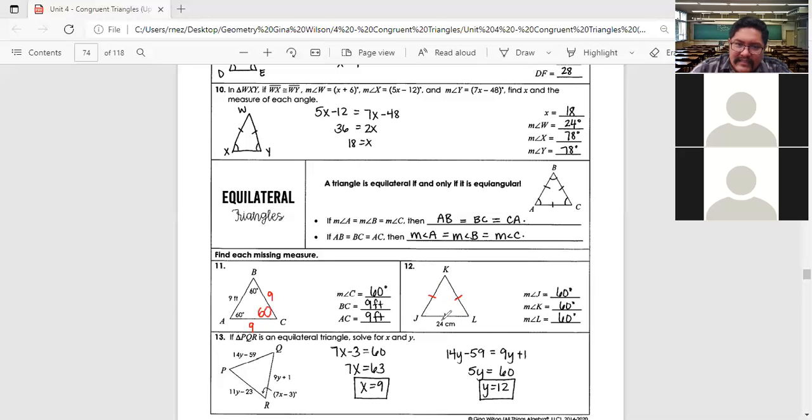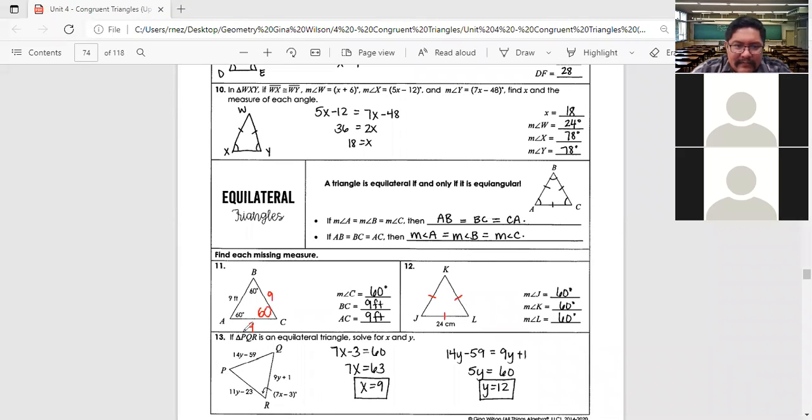It has these 3 marks, and that says that all 3 sides are congruent. And if all 3 sides are congruent, there's only one combination of interior angles that will work, and that is 60, 60, 60. So all 3 angles would be 60. That's the only one that will work, and it doesn't give us any one of them, because we should know that they're all 60 degrees. And that's what they did with this one here.